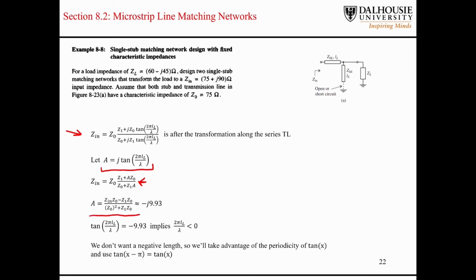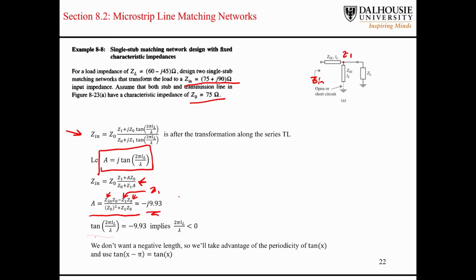And if you look at all of the variables in this expression, we have the input impedance, which was given in the problem. We have the characteristic impedance of 75 ohms. And then we have Z1, which is the input impedance at this point here. So in order to transform Z1 to Zin, then this A term represented by this expression here has to equal negative J 9.9.